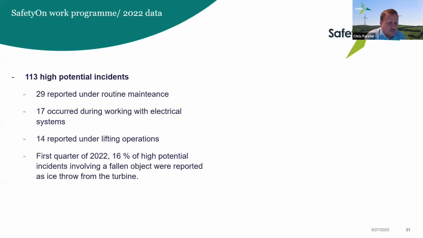And the second will examine the control measures in place to prevent the risk from ice fall and ice throw within wind turbine generators. As touched on previously, the ice throw and the ice fall issue is a common issue throughout the industry, but every turbine has different characteristics that affect this.